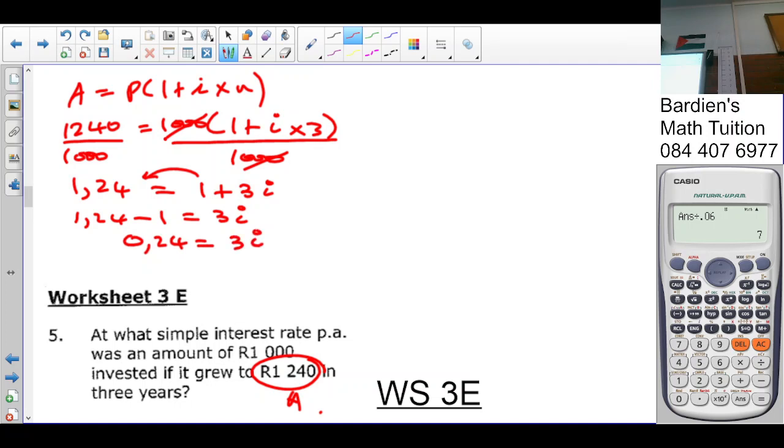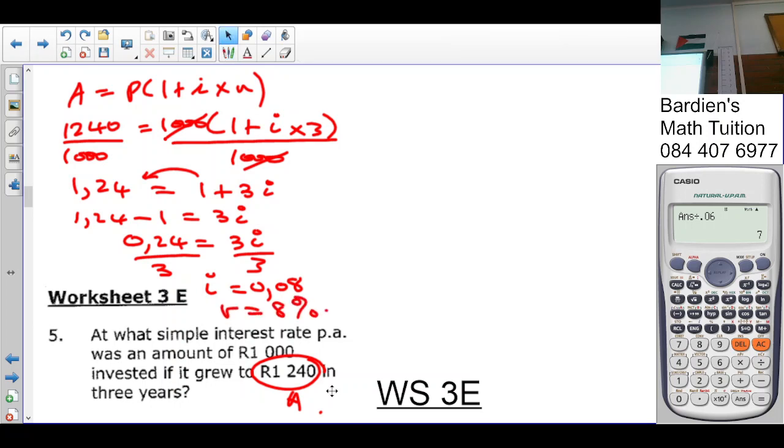Not so? Then divide by 3, which is 0,08. But what did they want? They want the rate. So what must I do? Times by 100. When I calculated my i, I divided the rate by 100. And when you're calculating R, the reverse, times by 100. So your rate is 8%. Right, you guys understand? Okay.